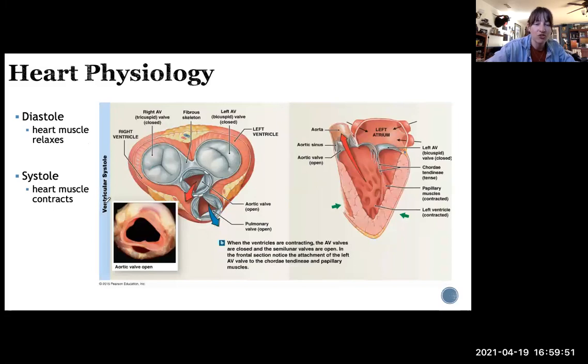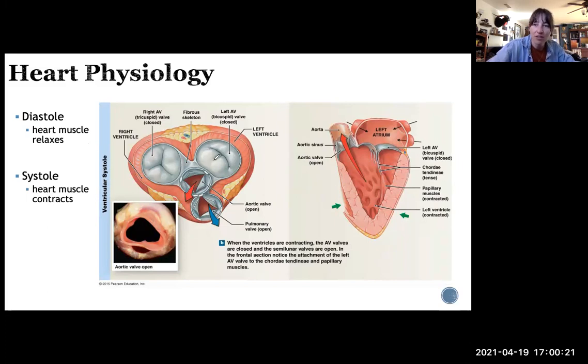Whereas in ventricular systole, when the ventricles are contracting, you will see that your atrioventricular valves are shut. They have snapped shut. That's that dub. As the ventricles contract, dub, these two valves shut. The tricuspid, 1, 2, 3 cusps, and your bicuspid or mitral valve here.